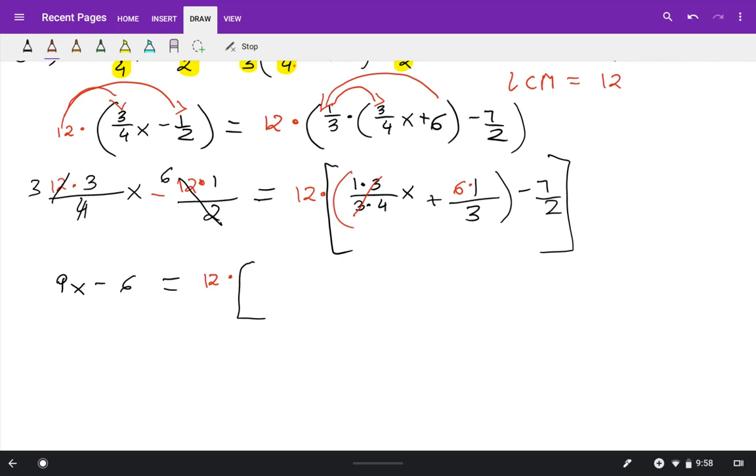So we end up with 1 over 4x plus 6 divided by 3 will give you 2. So 2 times 1 is 2. And then since I simplified this parenthesis right here, you don't need that parenthesis, just going to copy minus 7 over 2.